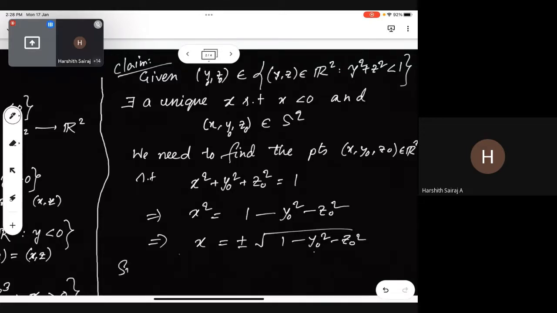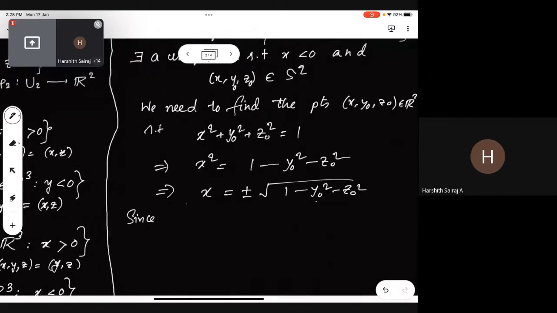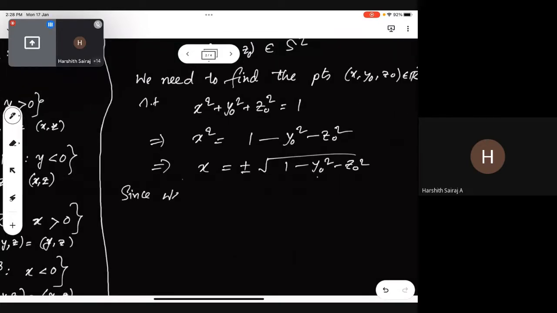Since we want x less than 0, therefore x is equal to minus the square root of 1 minus y naught square minus z naught square. So see, this is a smooth function.